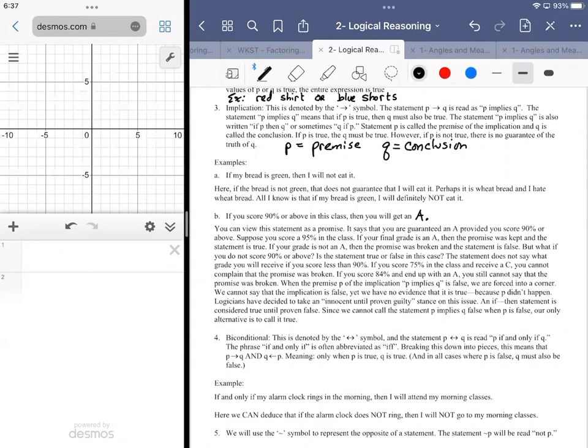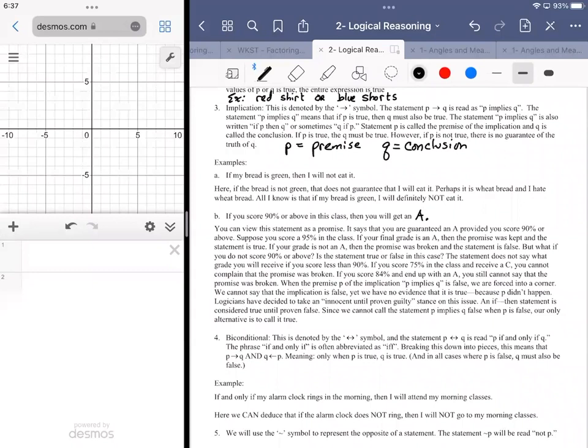Right. If I'm not living up to the conditions of the contract, then it's false. But if I don't have any idea of what the circumstances would be if the premise is not met, then that's a different situation. So, I have this whole blurb here about if you score a 90 or above in this class, then you'll get an A. Seems reasonable.